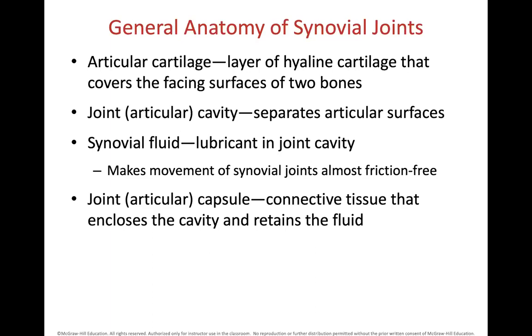And then around all of that, so around the cavity, which contains the fluid, you have what's called the joint capsule. So there's this other layer outside of the joint cavity, the joint capsule, that holds all of that together. So think of the capsule as the outermost piece of this synovial joint. So you have the capsule, inside of which is the cavity, inside of which is the synovial fluid.